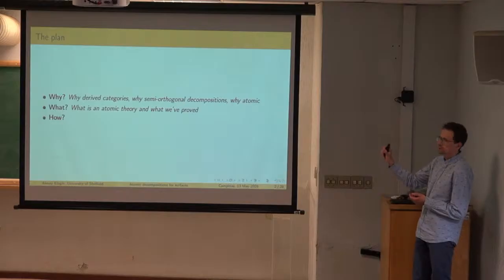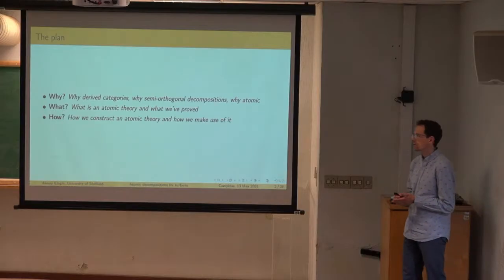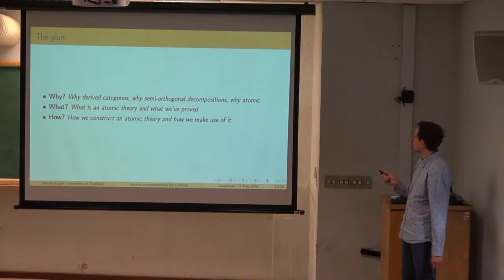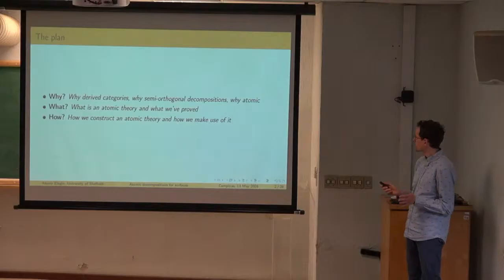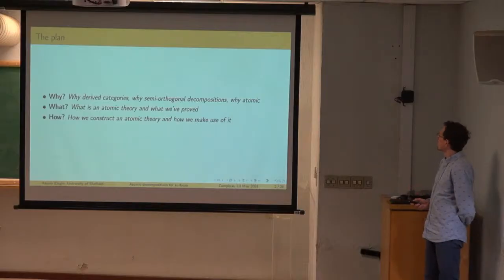This will be a very short part. And finally, how we construct atomic theory for surfaces. Maybe I won't tell today how we use this theory, but if you go to Rio, you'll hear how we apply the theory to some problems of birational geometry.